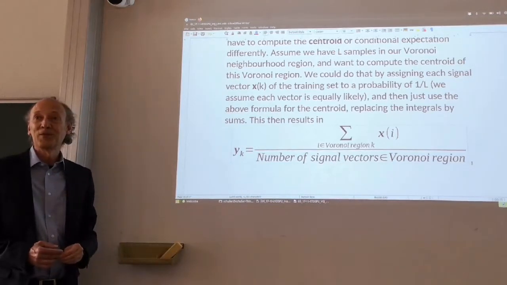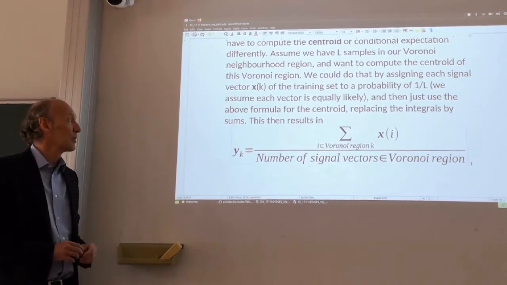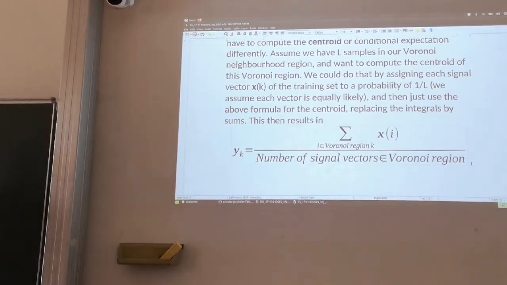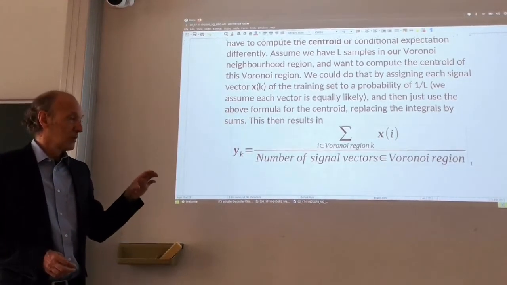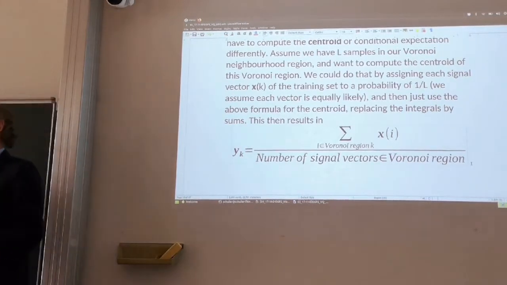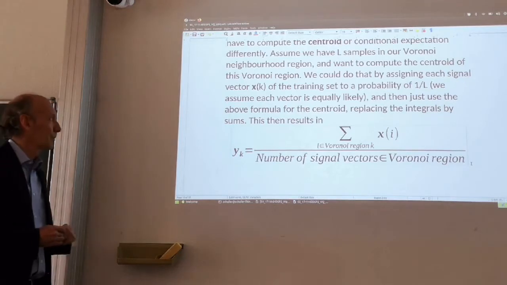Makes sense? So basically, again, this is the average of the signal in our region. So this is basically the same as the probability of, or the expected value in this region, given that the signal is in this region that we had in Noise Max.